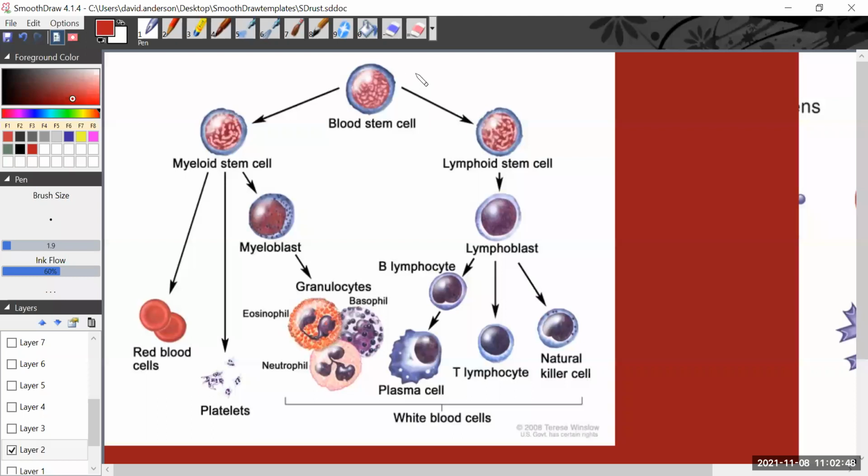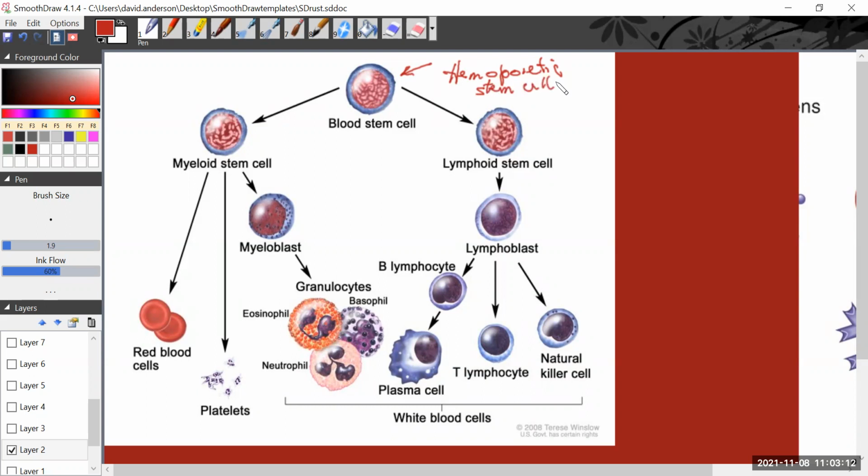The stem cell is simply another way of describing an undifferentiated blood cell. This is sometimes called a hemopoietic stem cell. It hasn't yet differentiated.